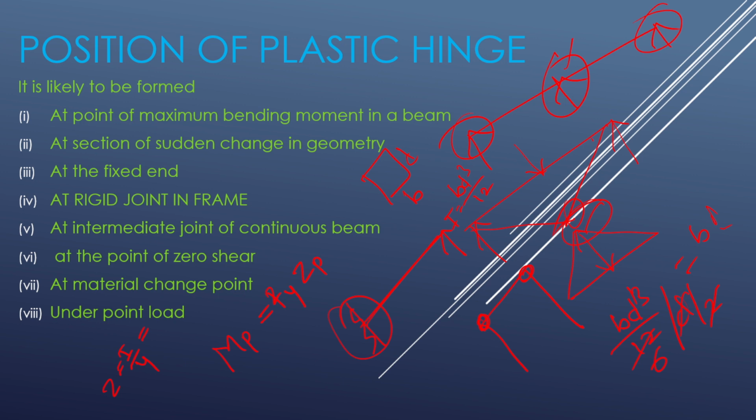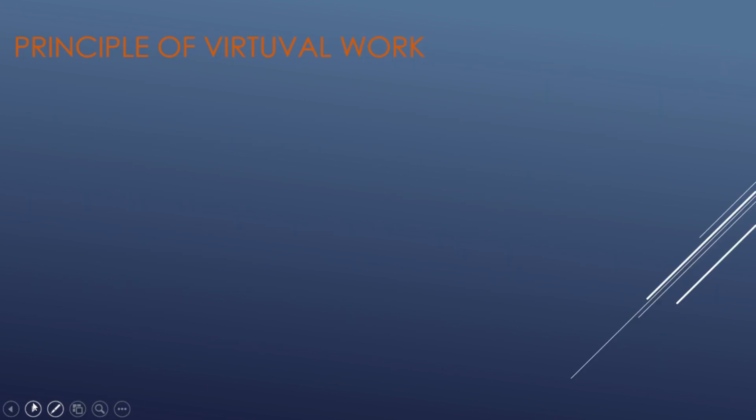Then we equate the two equations, the plastic moment and the maximum bending moment; the principle of virtual work we will study later. First we equate those two conditions: WCL divided by 4 equals Fy into Zp.